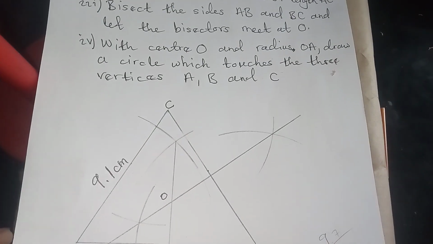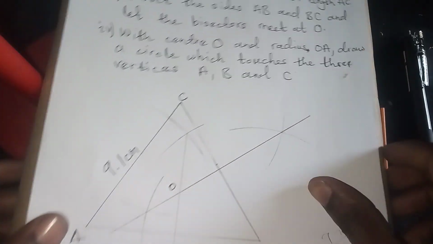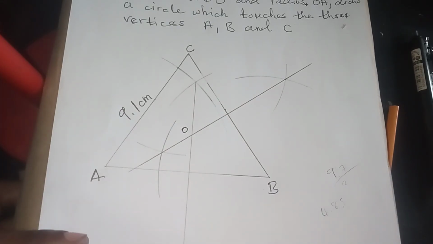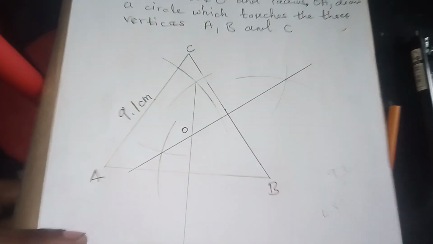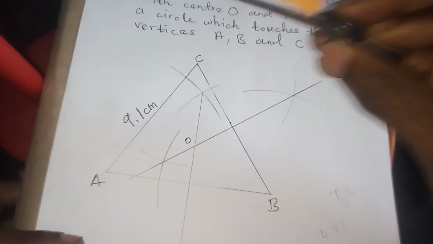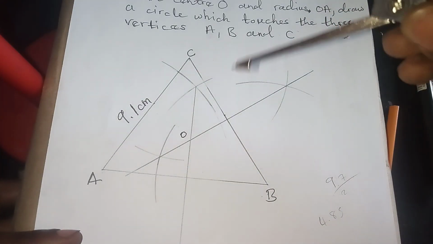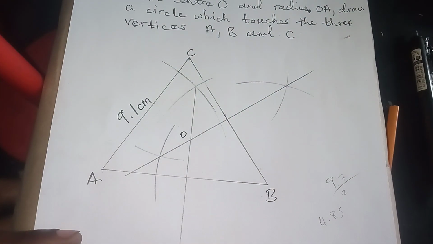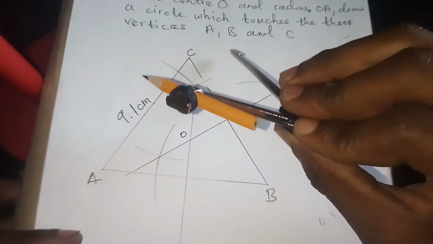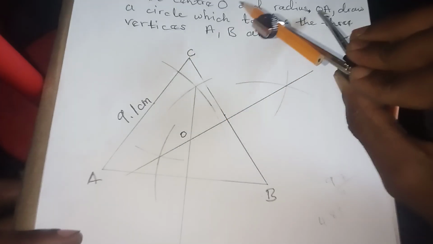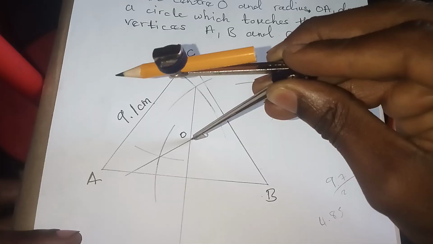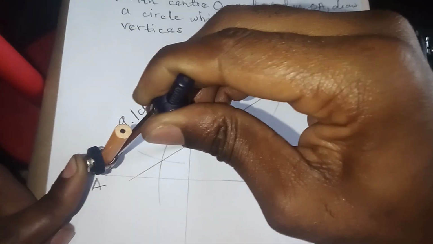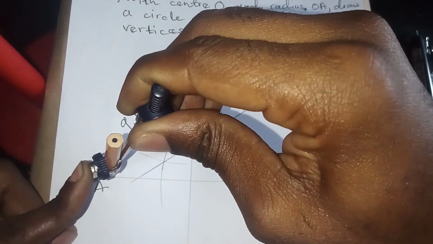And then now we have the last part, which will verify whether our bisectors have bisected the lines or not. So let's now draw a circle which touches the vertices A, B, and C with the radius OA. So I can put my point here. This is my origin, the O, and then this will be my radius.